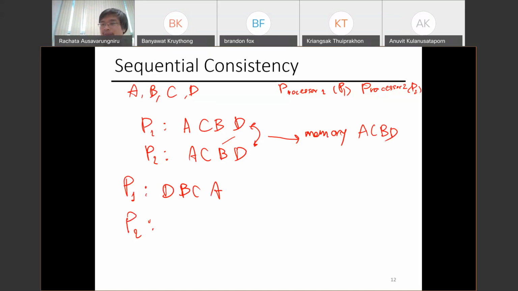What is the sequence processor 2 should see if you have sequential consistency? D, B, C, A, yes. Basically, the same sequence has to be seen globally across multiple processors.